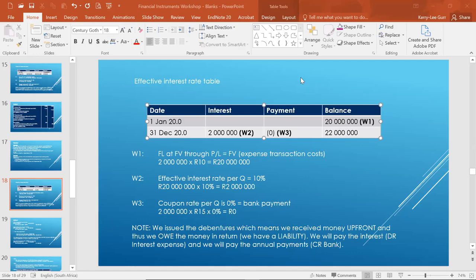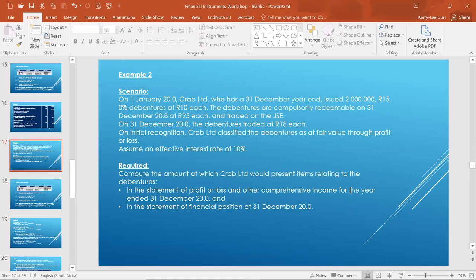Can you please move back to slide 17? There's a slight confusion that I personally have. I'm seeing a lot of rands each. I see 15 rands, 10 rands, and also 20 rands.